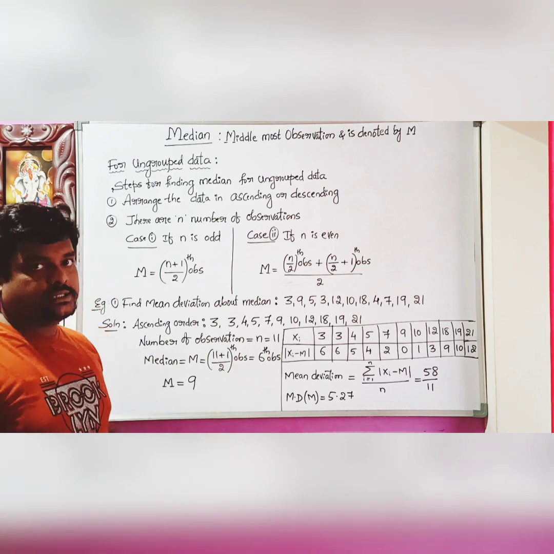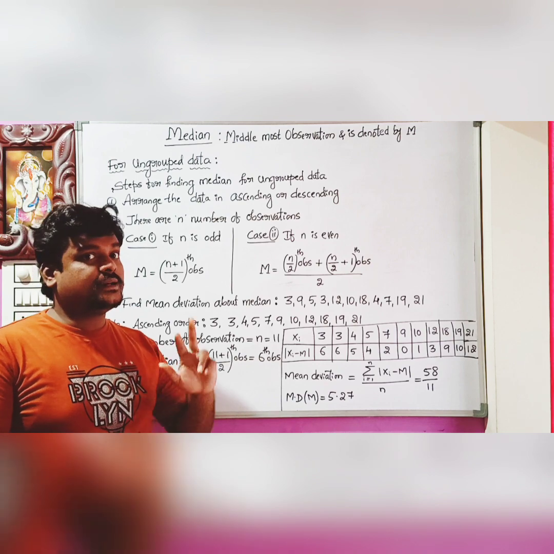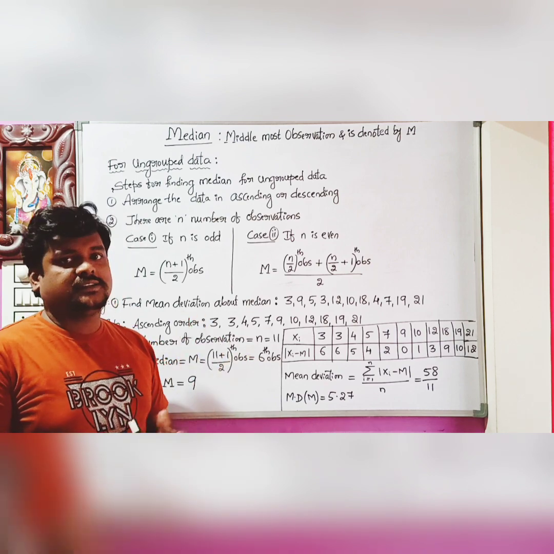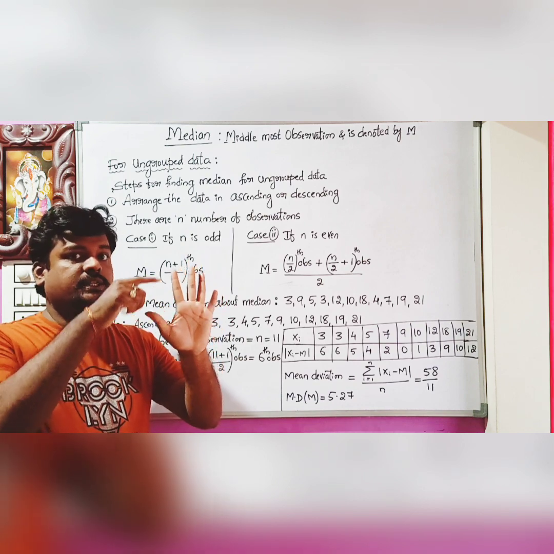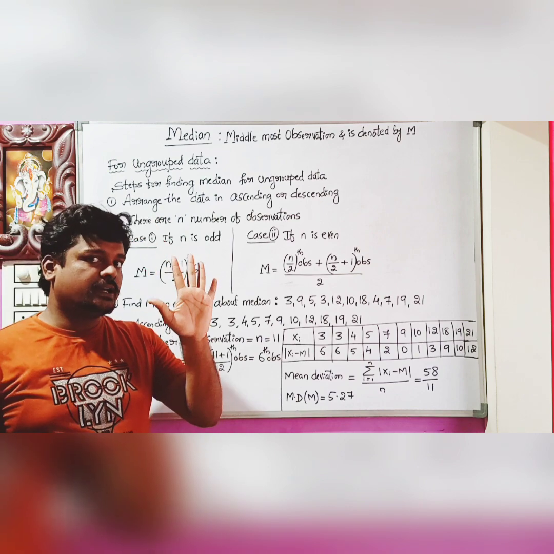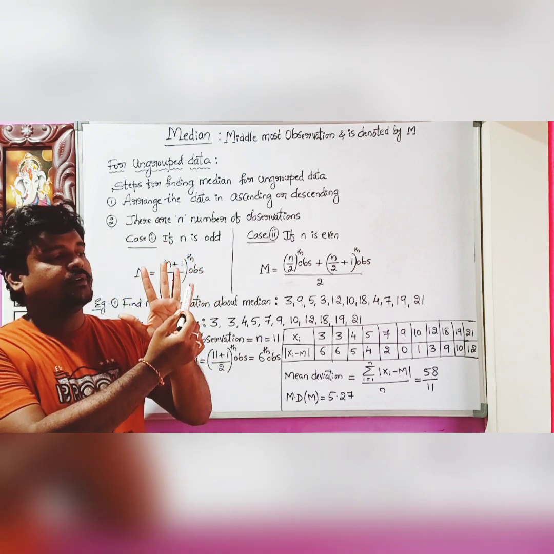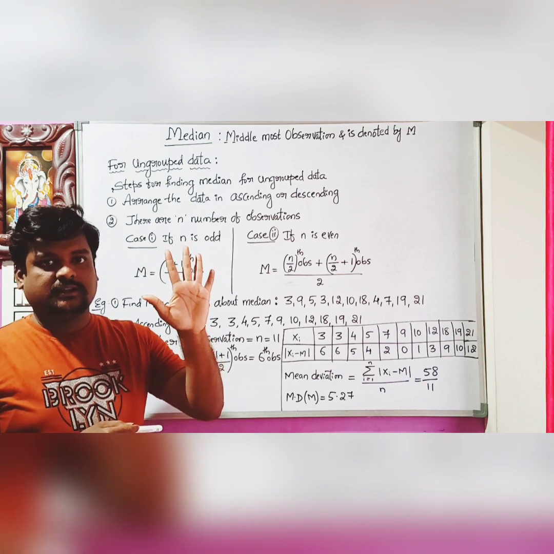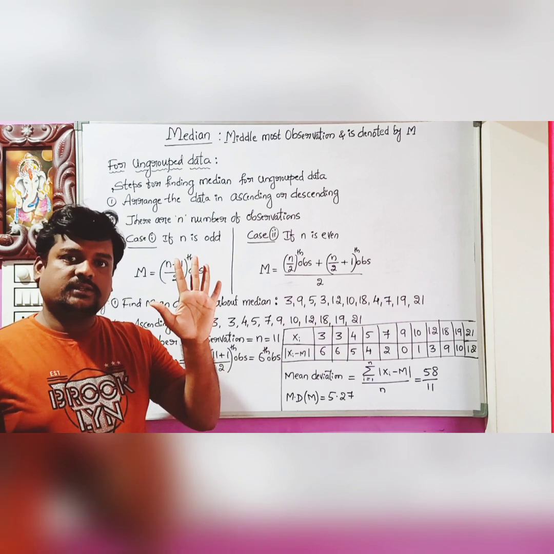For example, if there are 5 observations, which is the middlemost? This is first, second, third, 4, 5. 5 observations is nothing but an odd number of observations.